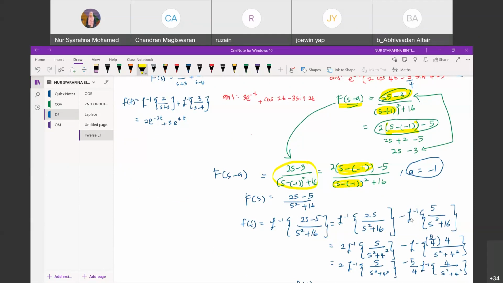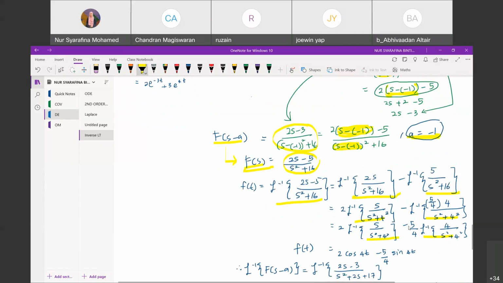When they are equal, it is easy to change from F(s minus a) to F(s). So when F(s minus a) is this, you know the value of a and you can have your F(s). From here, you inverse transform one by one, match to the table of transformation, simplify and inverse transform to get f(t).